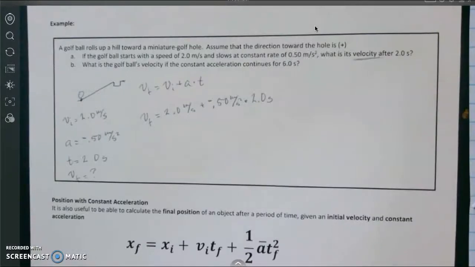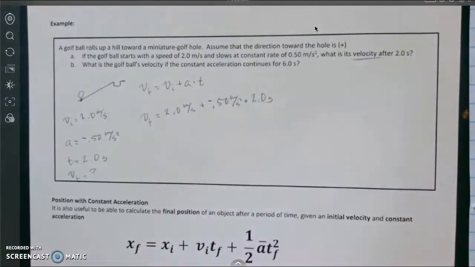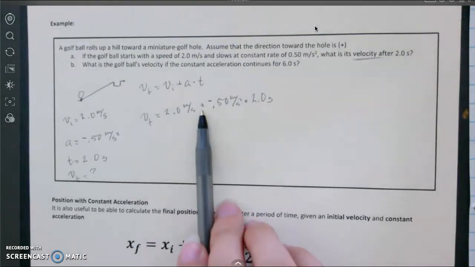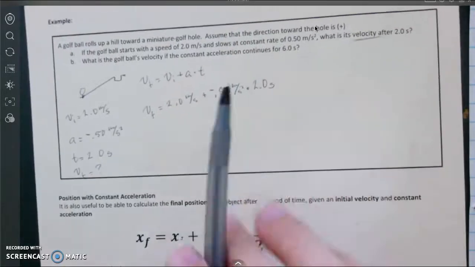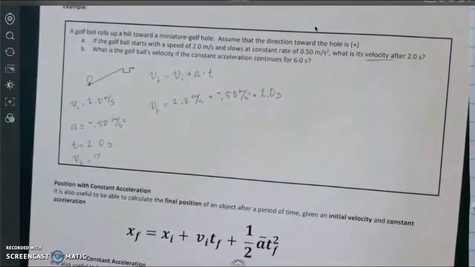Now, let's do a unit analysis. Does this actually give me a final velocity, which would be in meters per second? So I have meters per second plus whatever units we add this to. It has to be meters per second or this doesn't work, because we can't add or subtract values that have different units.